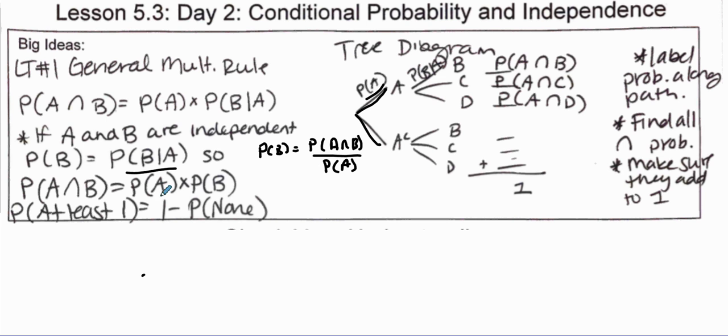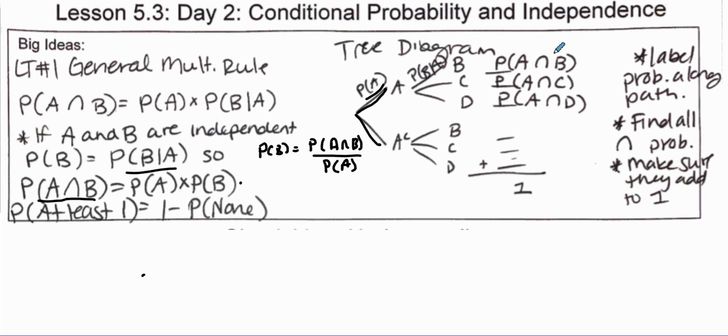So what we know is if we can take the probability of A times the probability of B, that would give us our value for the probability of A and B. And so right here, to figure out the probability of A and B, we can simply multiply these two values together. If these are independent, we can just multiply those two values together like so.